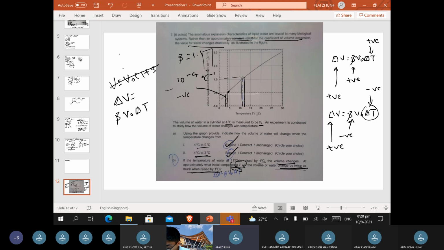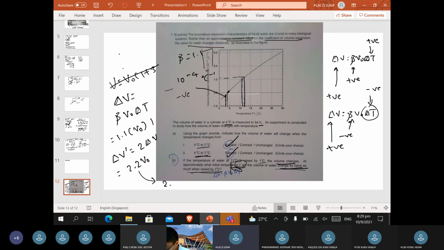And then we find the volume change. So ΔV is going to be 1.1 V naught times 1. So that's our ΔV. Now we're looking for the case where the volume will change by twice as much. So our ΔV prime is equal to 2 ΔV. That gives us 2.2 V naught.